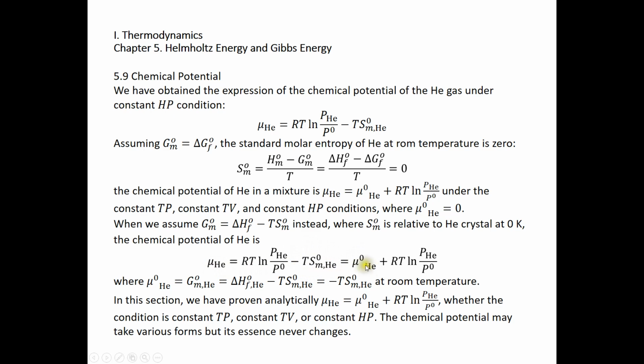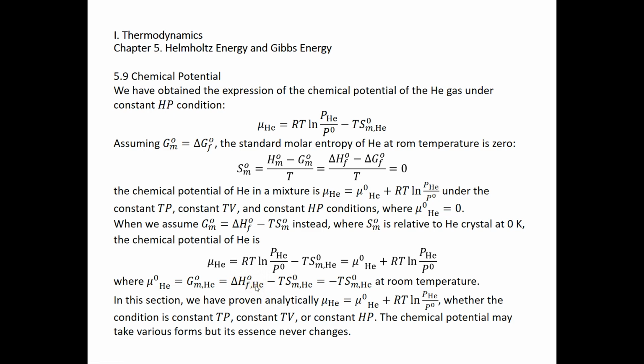Why? The standard chemical potential of helium is again the standard molar Gibbs energy of helium, which is delta H minus T delta S, T times the molar entropy. And we get this equation because the enthalpy of formation of helium is 0 when it's in the standard state at room temperature.